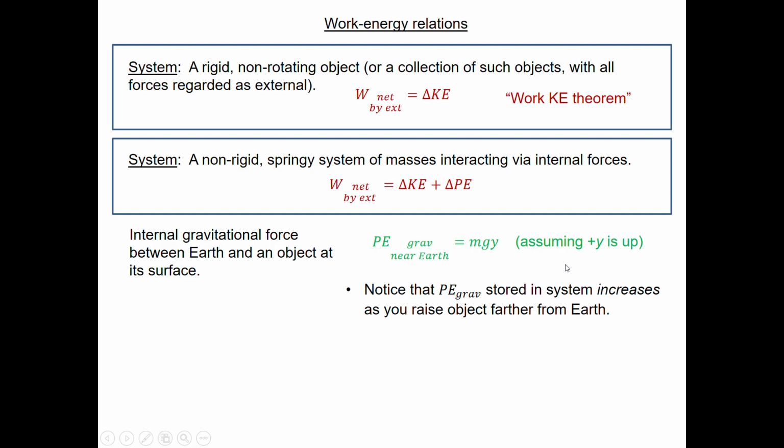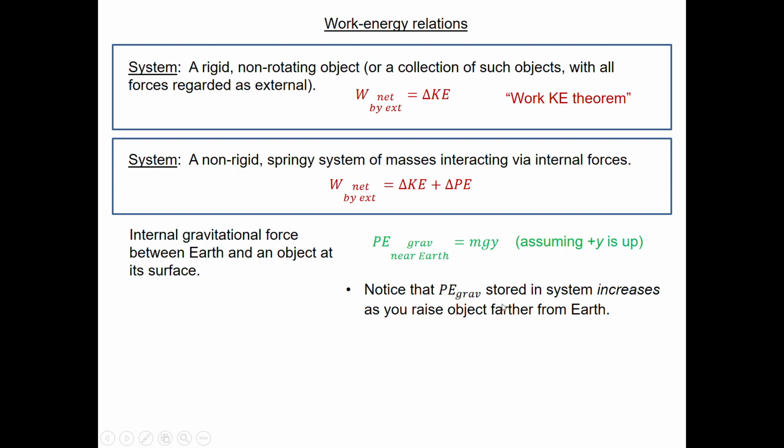Before I state our goal, first of all, one thing to notice is that when an object is close to the Earth's surface, and we're considering our system to be that object plus the Earth with internal gravitational force, if we lift the object up away from the Earth, then the gravitational potential energy increases. So we're thinking of that as energy stored in the system.